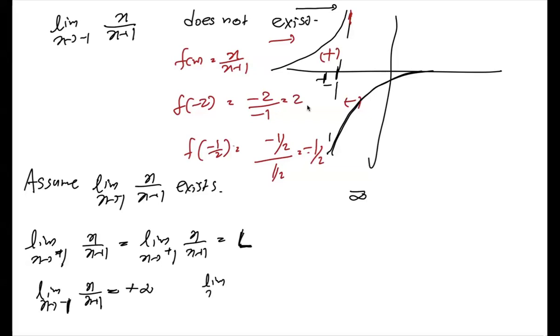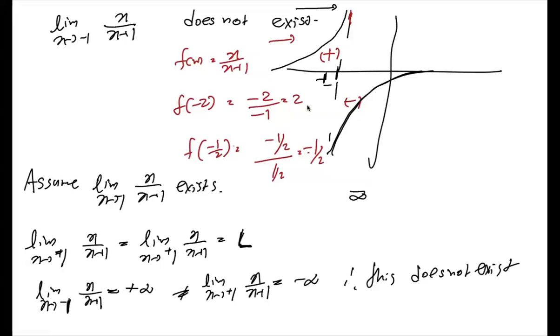And the right-hand side limit, because the plus sign means the right-hand side limit, of x over x plus 1 is minus infinity, right? So then these things are different. So this limit does not exist.